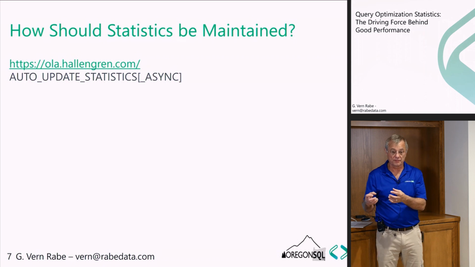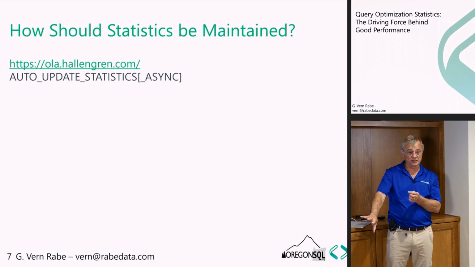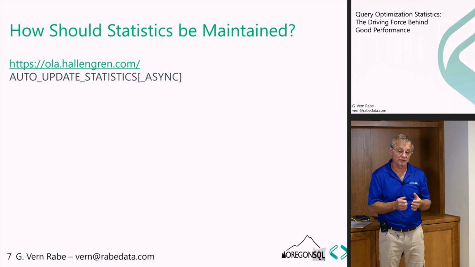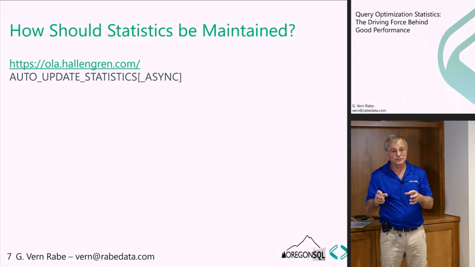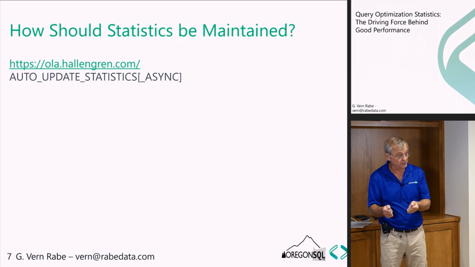Oh, wait a second, they're stale. They're flagged that they need to be updated. The optimizer says, stop, update those statistics, then it's going to come up with a plan for the query. The async option says, no, I don't want to stop the plan generation when you reach the threshold.